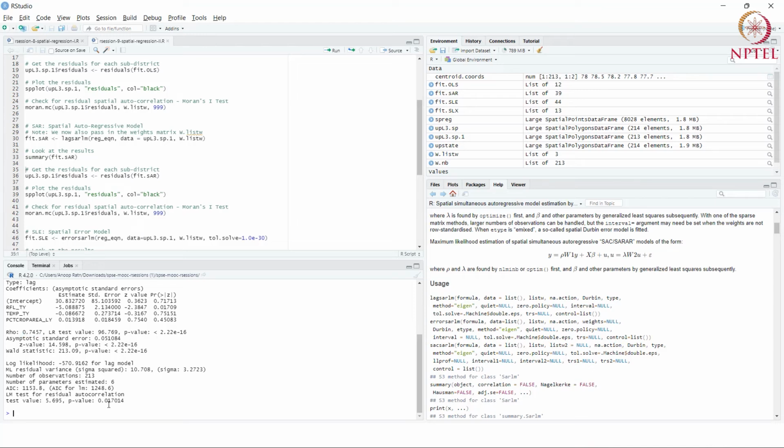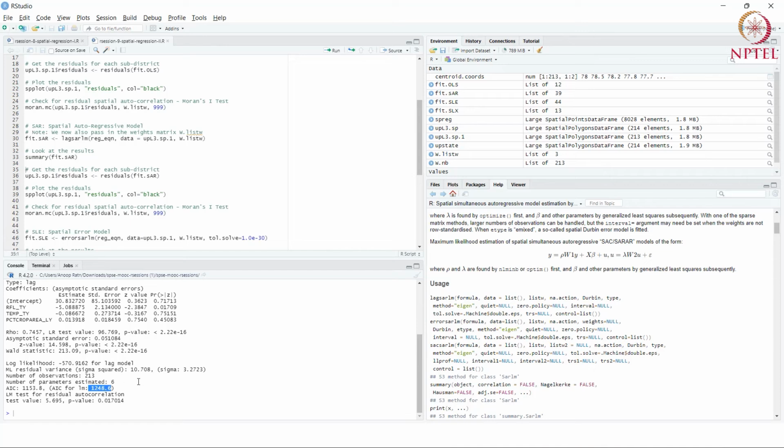And then it gives us some more information here. For example, it gives us the AIC criteria. The AIC is 1153.8 for this model and 1248 for the linear model.